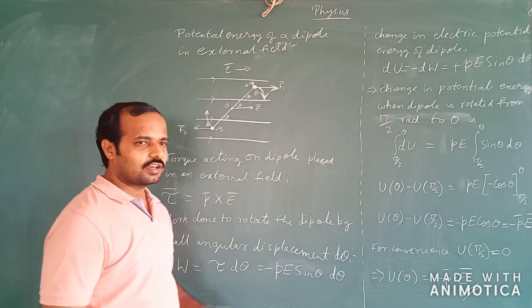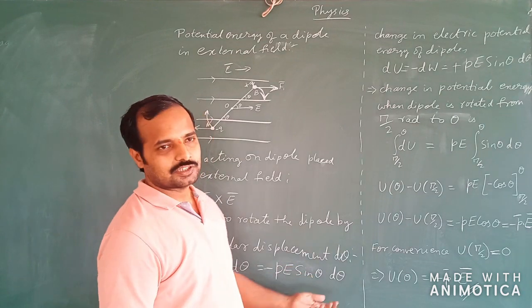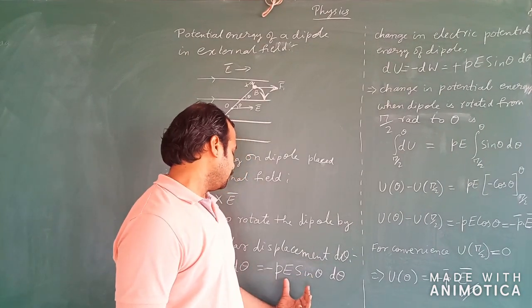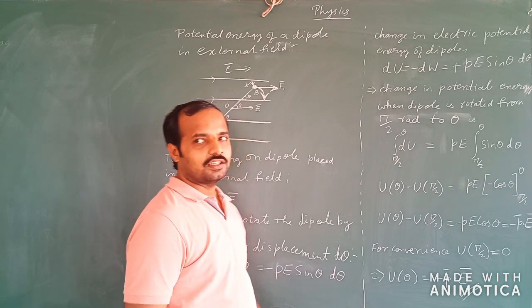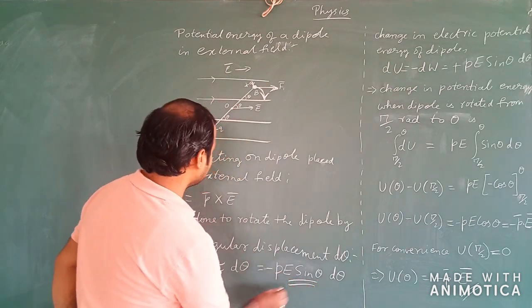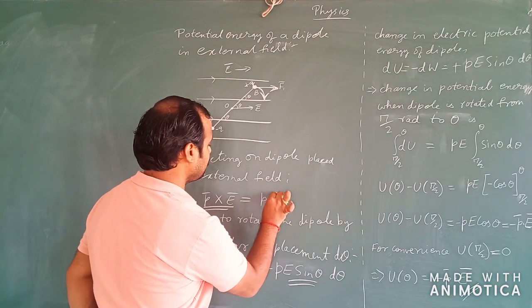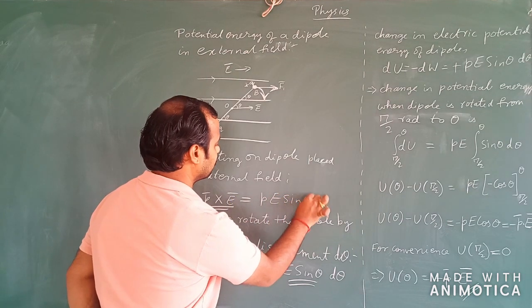Since the torque and the angular displacement d theta are in opposite directions, we get minus P into E sin theta d theta. Remember, this is nothing but P into E sin theta.